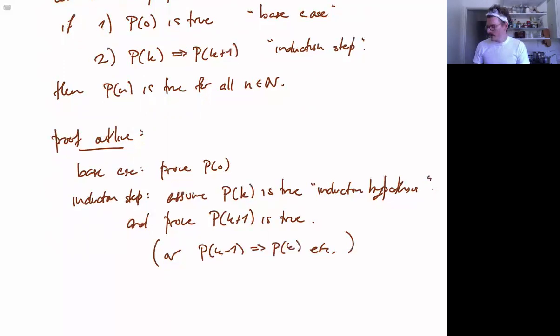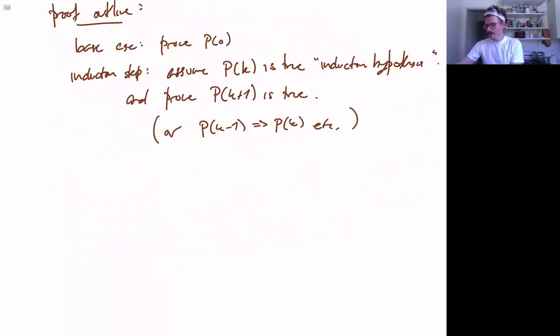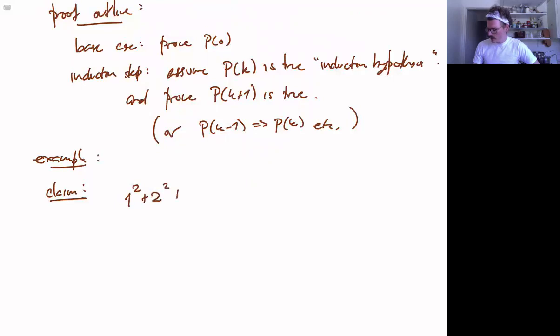So let's look at a simple example. So let's try and prove this formula. The sum of the first n squares is equal to n times n plus 1 times 2n plus 1 divided by 6.